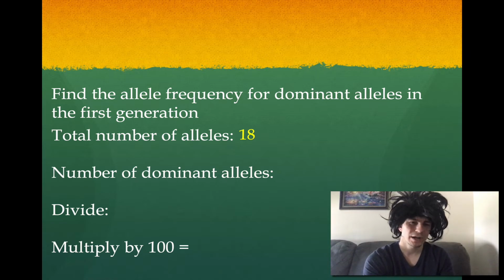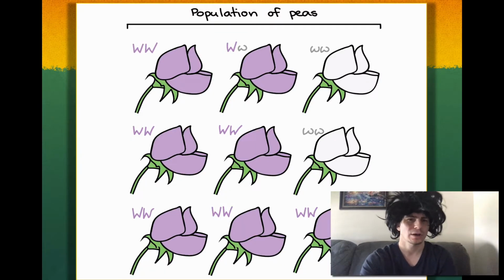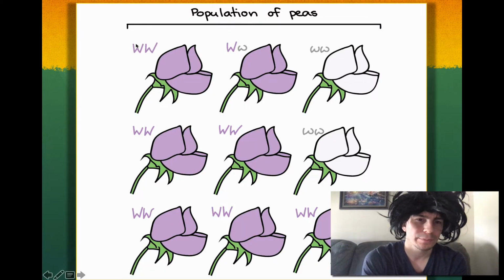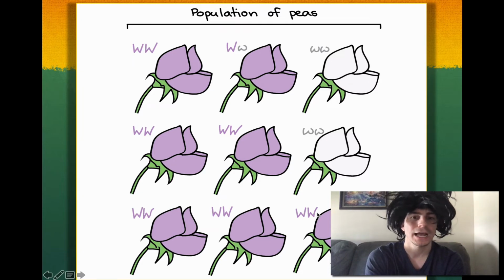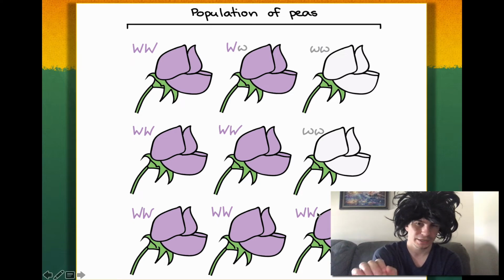Now it's asking for how many are dominant. So let's go back again and see how many dominant ones we have. Flower number 1, I got 1 capital letter, 2 capital letters. So there's 2 dominant. Flower 2, I got 1 there, so that makes 3. Continuing on, I have 13 dominant alleles.